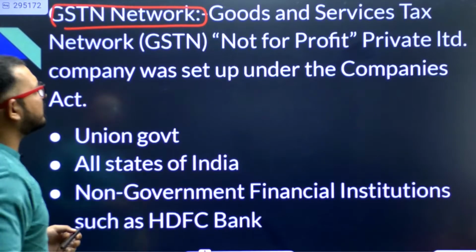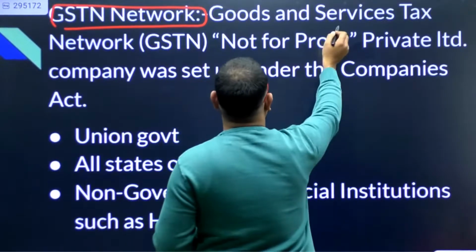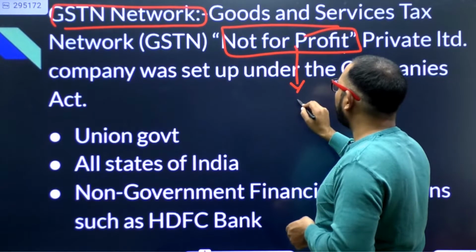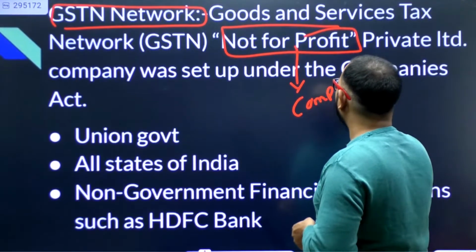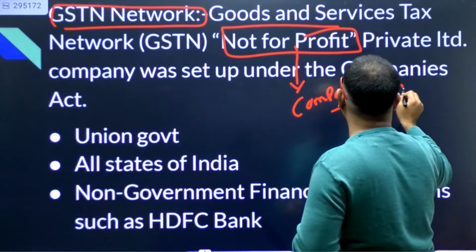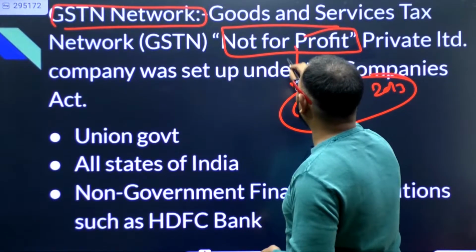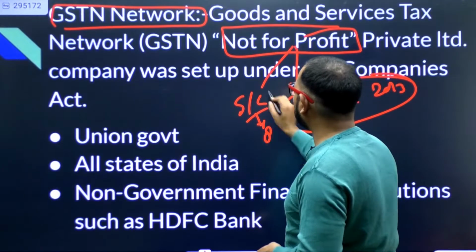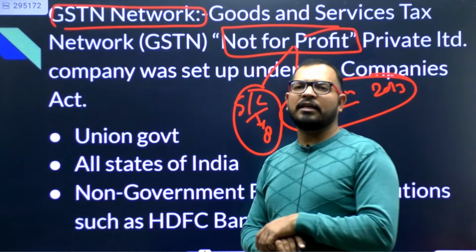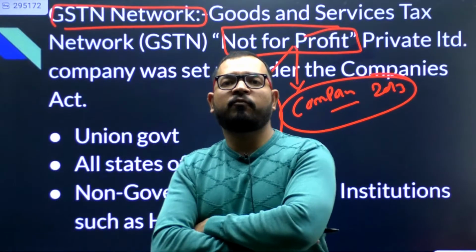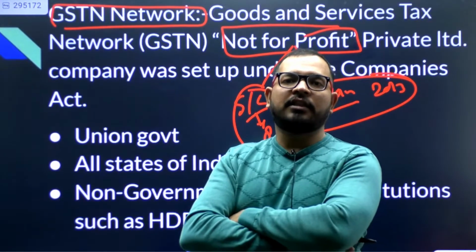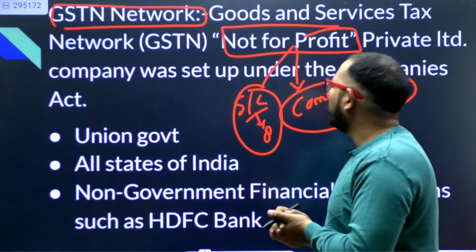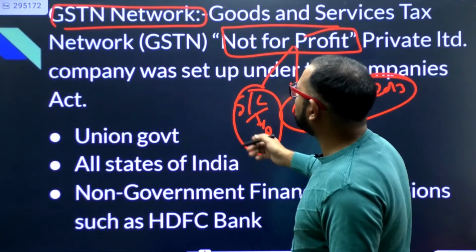What is actually the GSTN network? GSTN network is nothing but a not-for-profit company under the Companies Act 2013. It is also known as a Section 8 company, because these companies are not made for profit, rather they are made for other purposes. So who are the partners in this company?